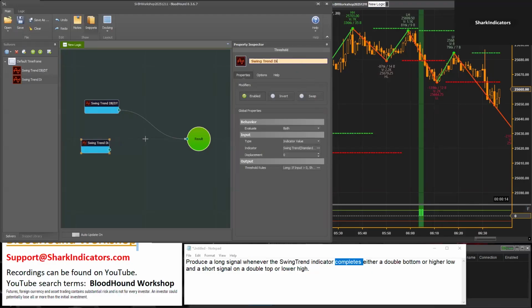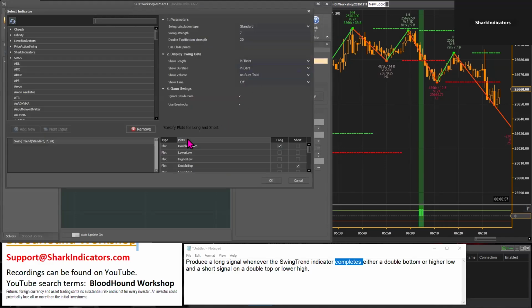This time we need to look at the direction of that swing line, or that zigzag line. So let's go into the indicator, and we need to select the direction output. Where is it?